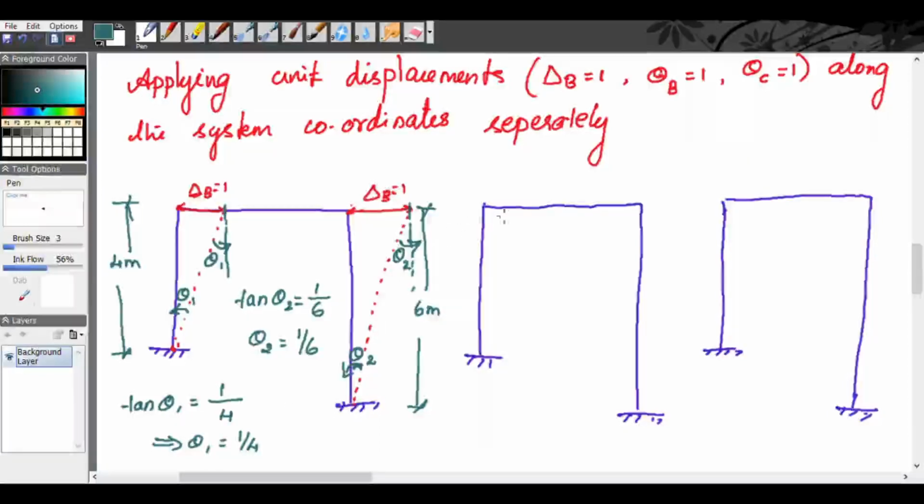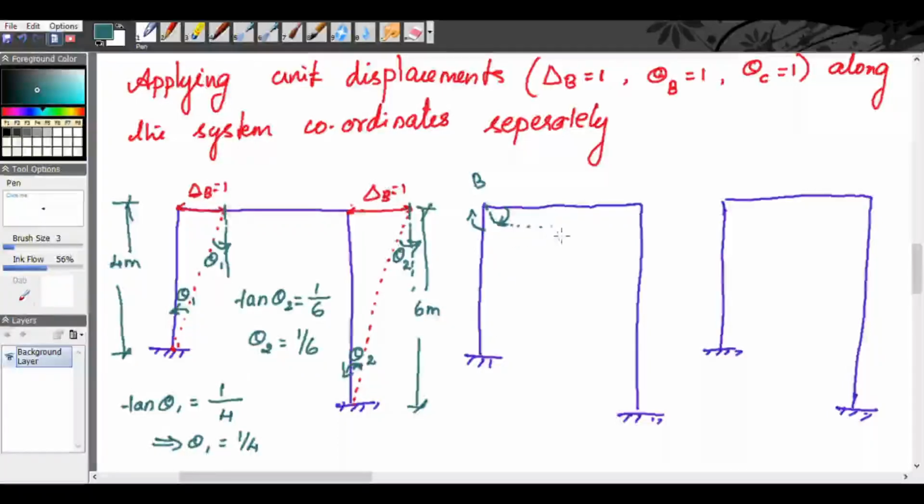Now we will apply unit rotation at B. That is our second case, theta B is equal to 1. So this point is B. When you are applying theta B is equal to 1, you are applying a clockwise rotation, right? Here the positive displacement was delta B is equal to 1, and here the clockwise rotation theta B is equal to 1. So when you are applying a clockwise rotation at B, this span will be rotating like this, and this span will be rotating like this in the clockwise direction.